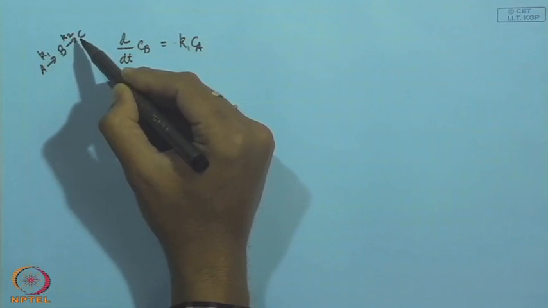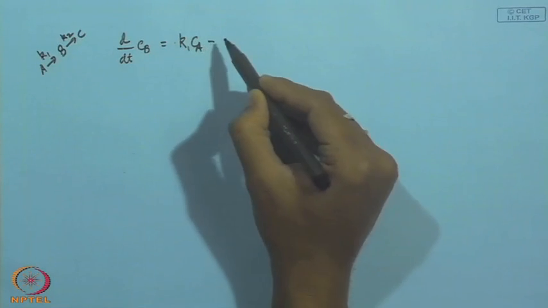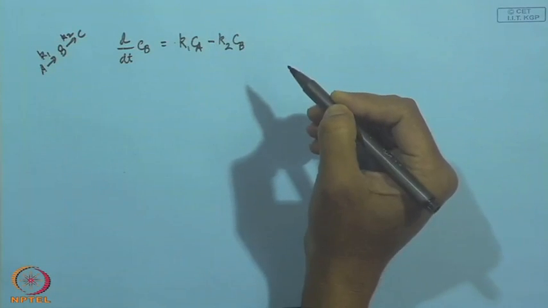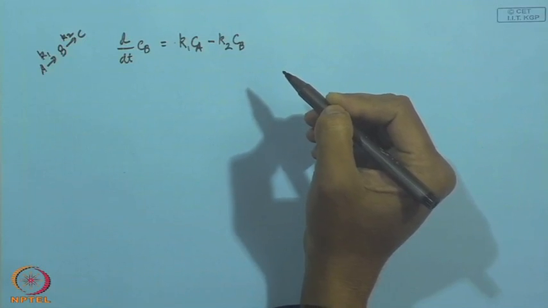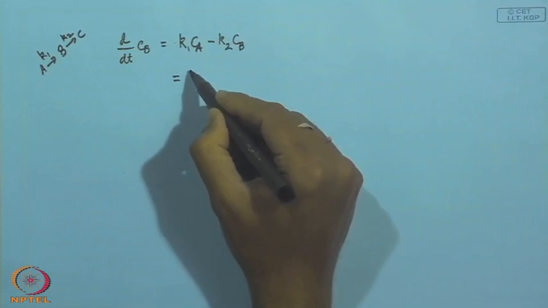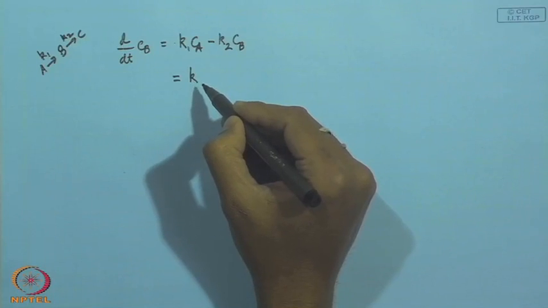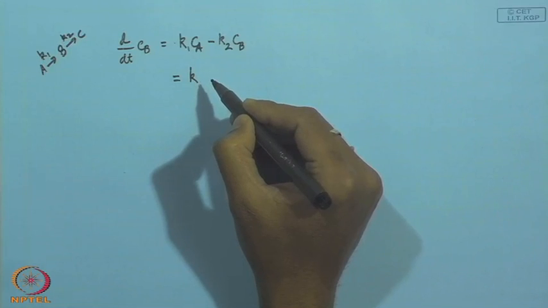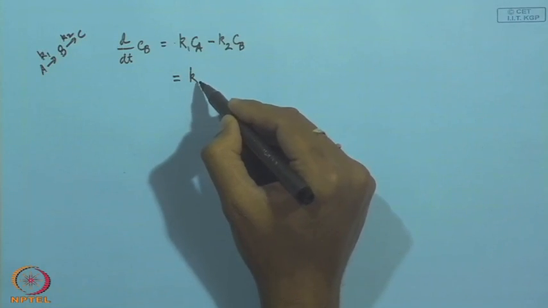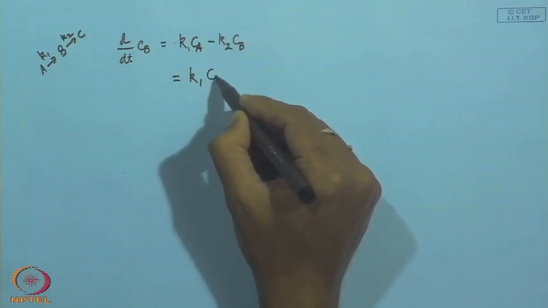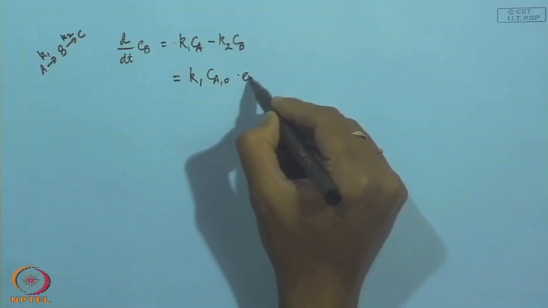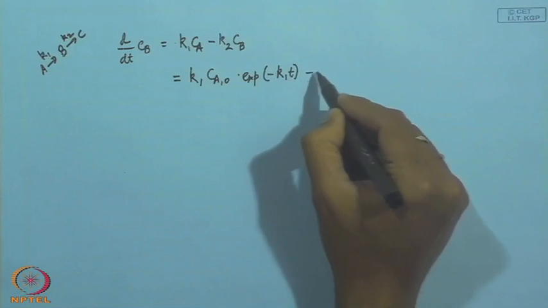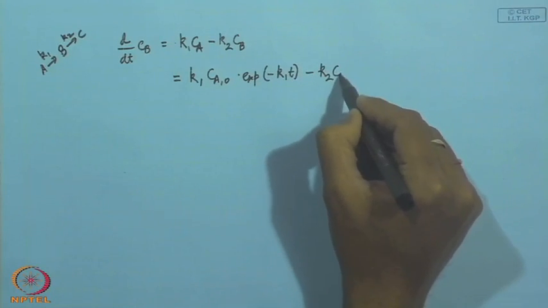This is depleted with K2 rate, that is why it is in minus sign. So, minus K2 CB. Recall the earlier result that CA is equal to CA0 into exponential minus K1 t. So, you just plug it in over here: K1 CA0 into exponential minus K1 t minus K2 CB.